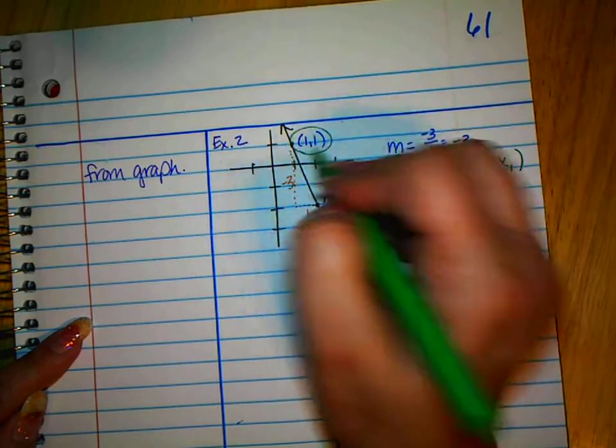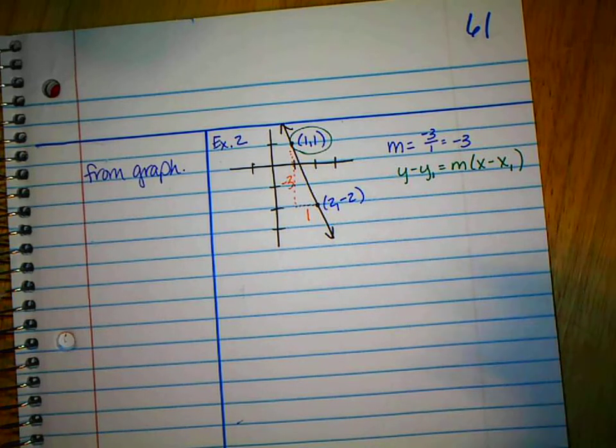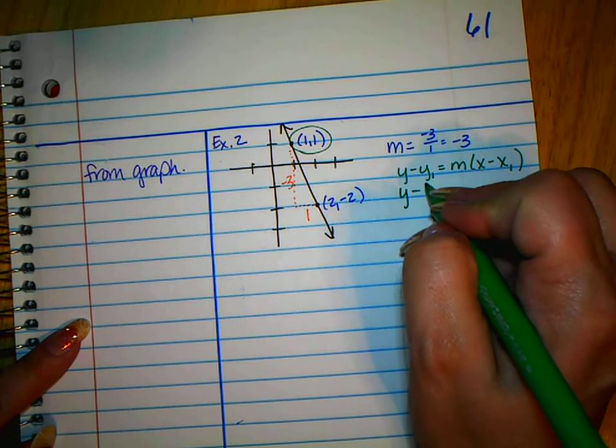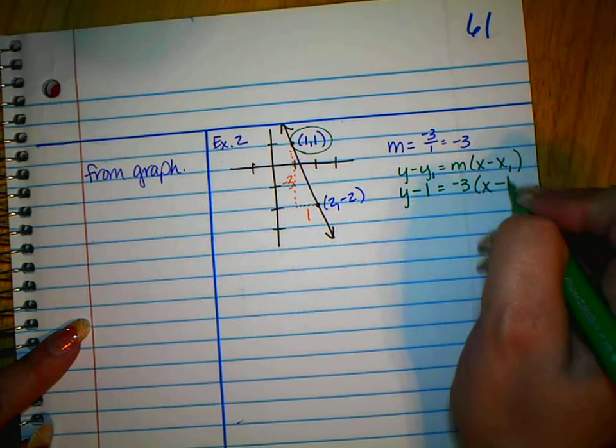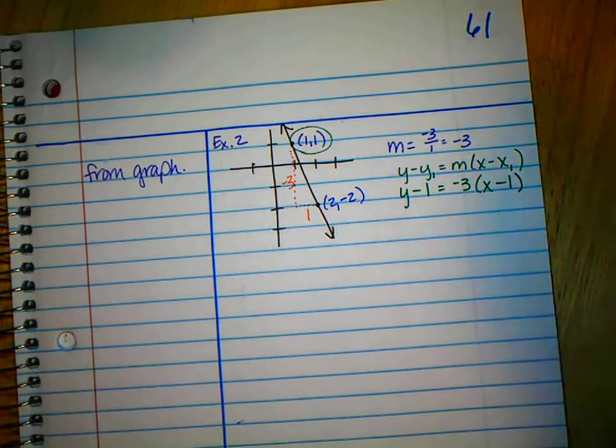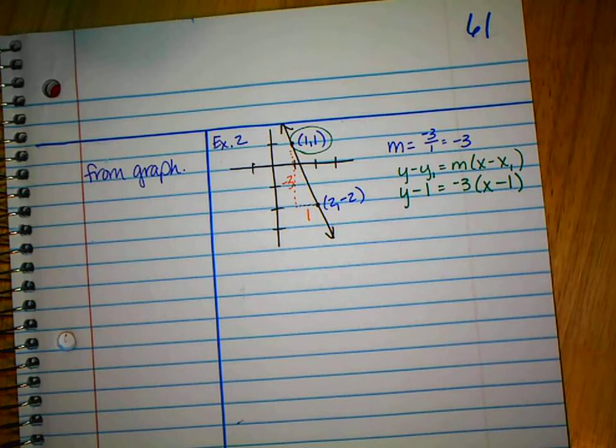Let's just use the easiest point there, 1, 1. So I have y minus 1 equals negative 3 times x minus 1. That's my point-slope form of the equation.